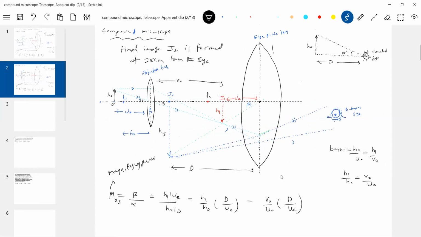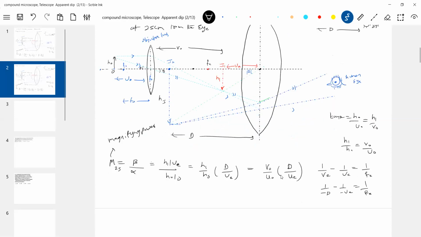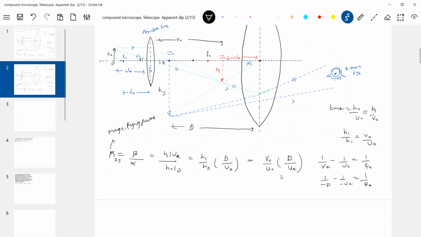What is the focal length of this eyepiece? FE. So what is the formula? 1 by VE, where VE is minus D, minus 25, minus 1 by UE, equals 1 by FE. So the entire formula becomes 1 by UE equals 1 by D plus 1 by FE.